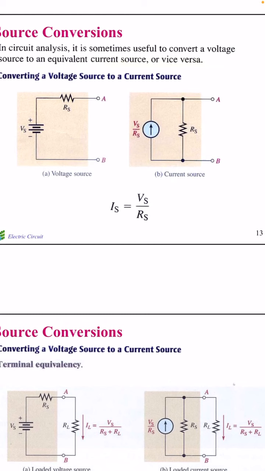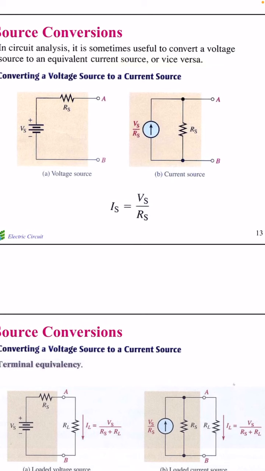First we have to calculate the equivalent current. This will be V upon R, and if we write Is, then it will be Vs upon Rs. So we just need to replace this voltage source Vs by a current source having a current given by Is, where Is is Vs upon Rs. So just replace it, and also we change this resistor Rs from series to parallel.